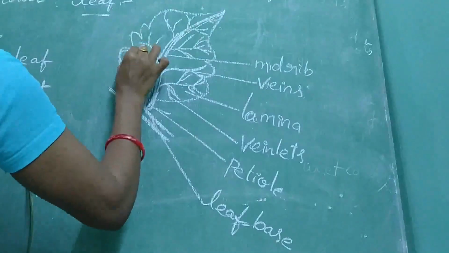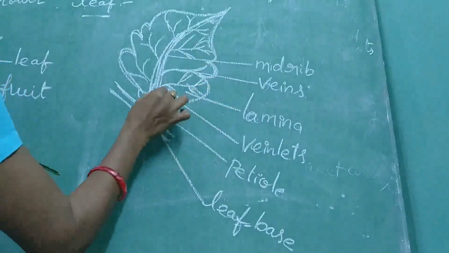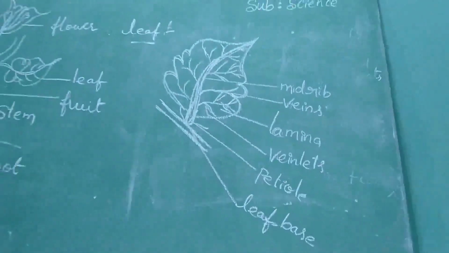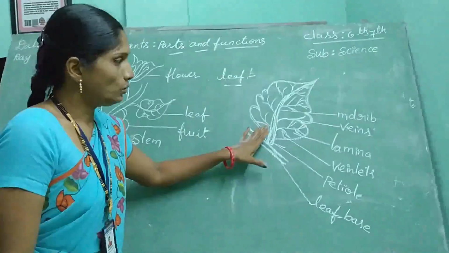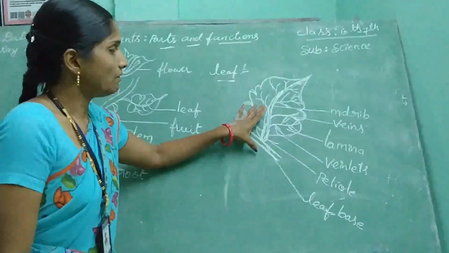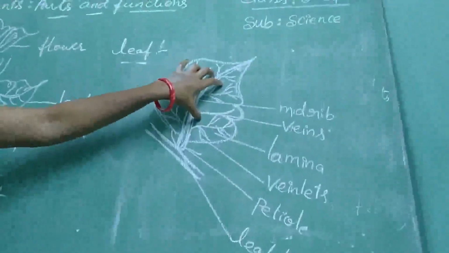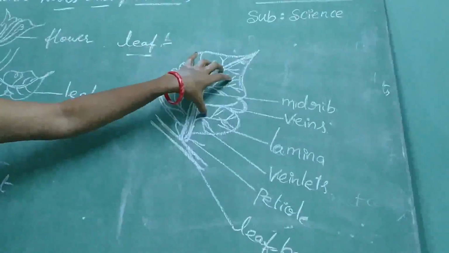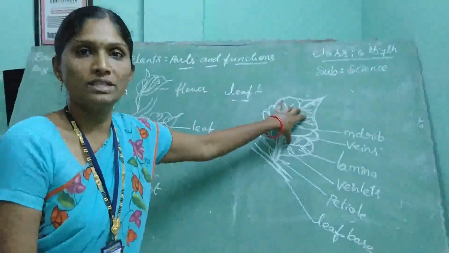Okay, what are the properties, or what are the uses of leaf? Leaf is green in color, and it is attached to the stem, and it helps in making the food material through the process of photosynthesis.